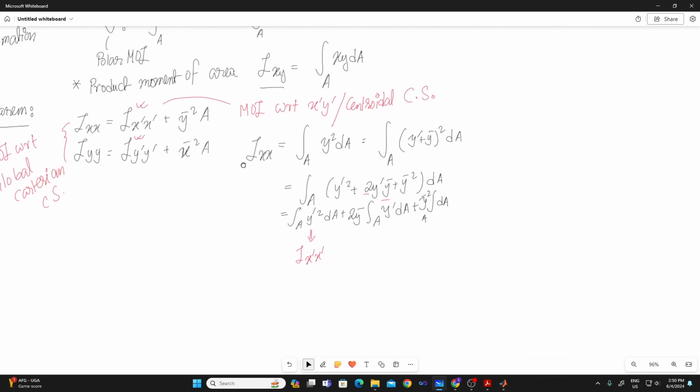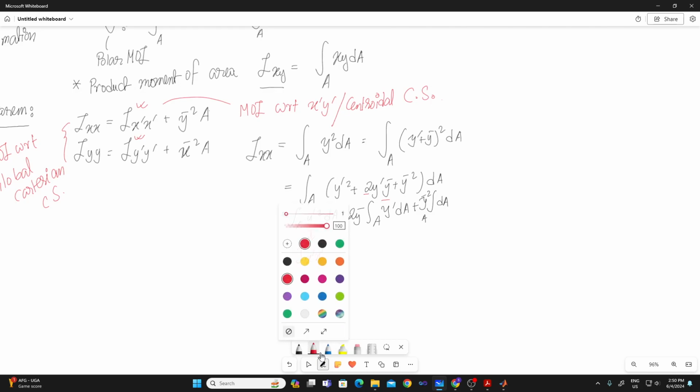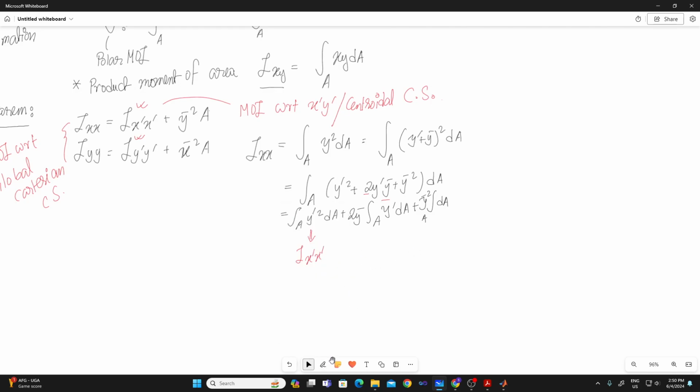Once you get that y prime coordinate and square it and multiply with dA, you are actually getting the area moment of inertia with respect to the x prime axis. So that is the first term, and the next term will come in the end. But if we go for the third term, that is just y bar squared times A. So this is what we are supposed to prove, this equation, of which we have obtained two of the terms.